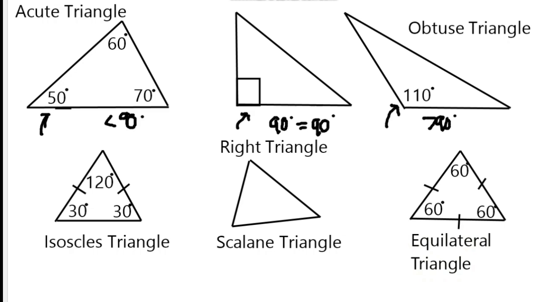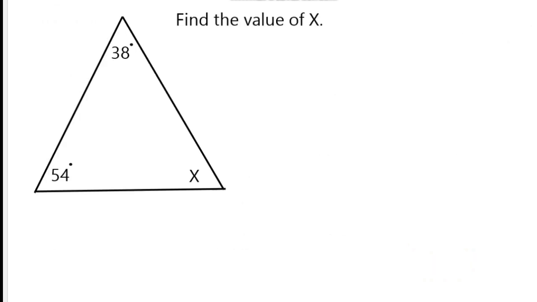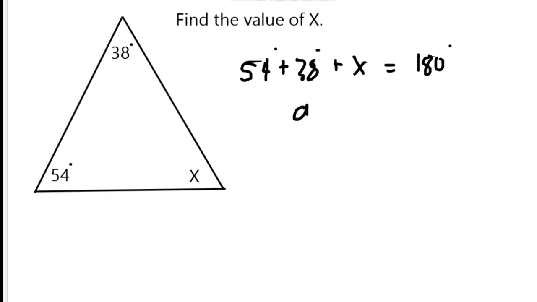Now let's solve some practice problems. Let's find the value of x within this triangle. In a triangle, we all know that the sum of angles is going to be 180 degrees. So let's just use that. 54 plus 38 plus x is equal to 180 degrees. Now what we can do here is transpose 92 to the right side, giving us negative 92.